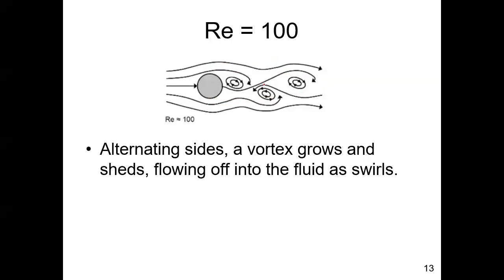The weird thing about this is what's happening is on alternating sides at the point of separation, a vortex grows and then strips off and moves off into the fluid as this little swirl.